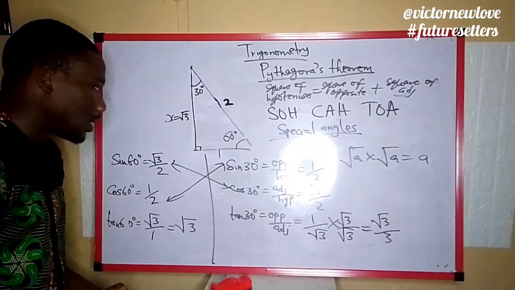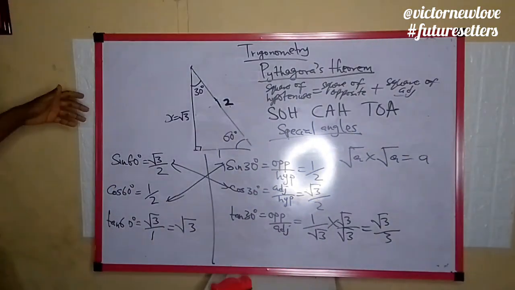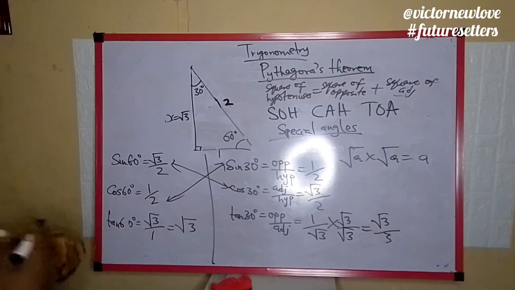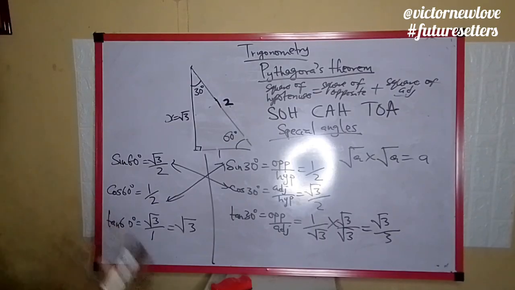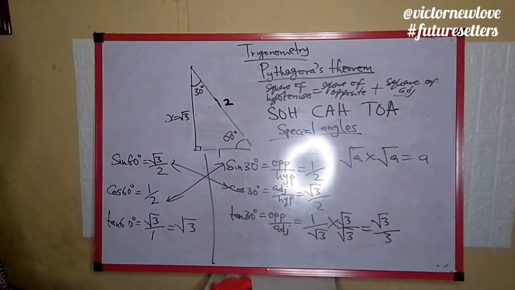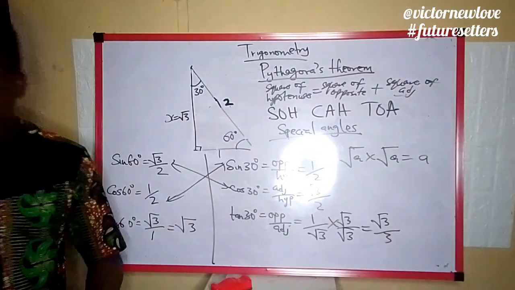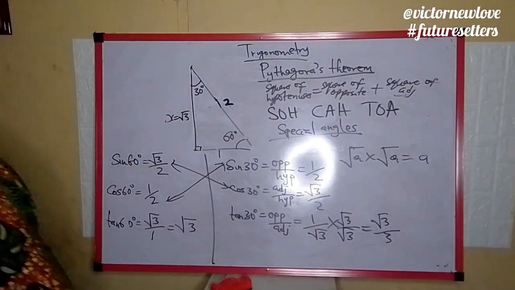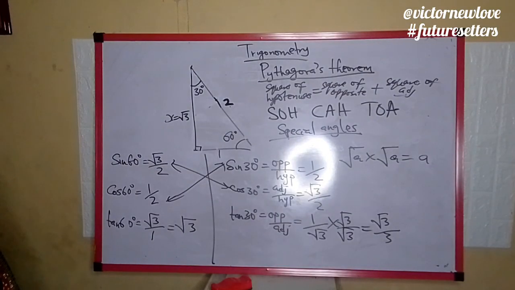You have the special angles where sin 60 is root 3 over 2, cos 60 is 1 over 2, tan 60 is root 3, sin 30 is 1 over 2, cos 30 is root 3 over 2, and tan 30 is root 3 over 3, because we had to rationalize to ensure that we get the answers we need.